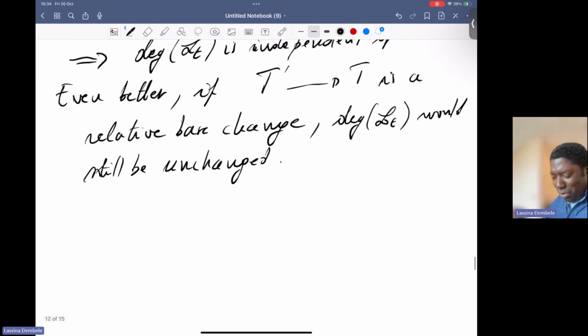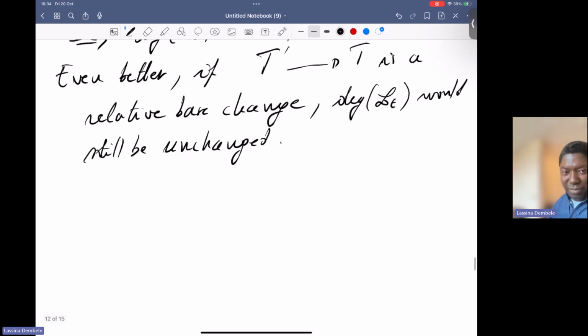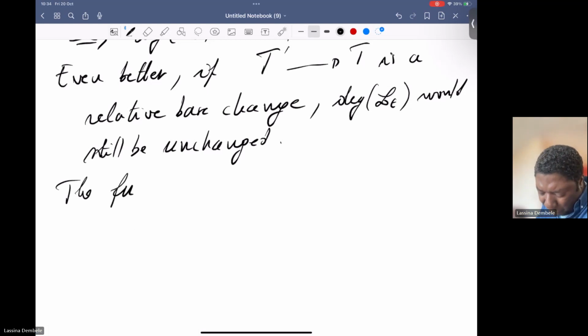And so we are going to use this to define the functor that we want to represent. The functor we want is the following.